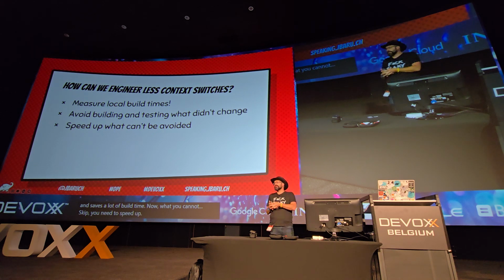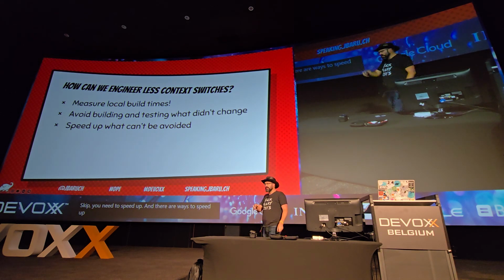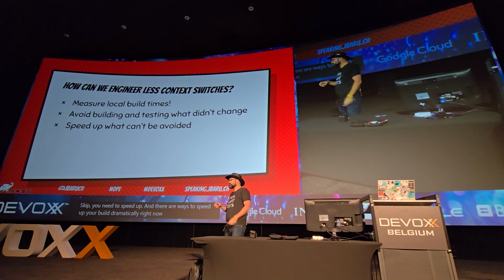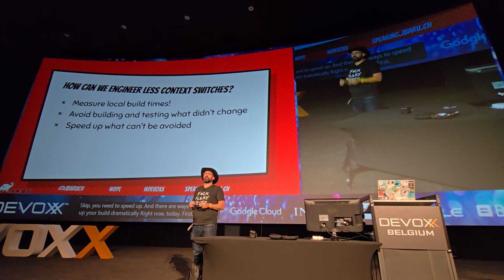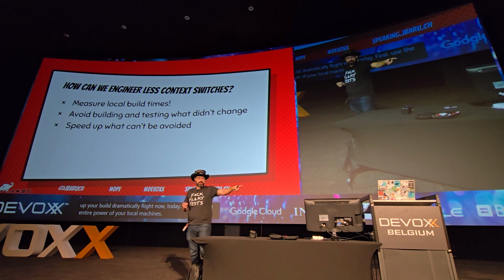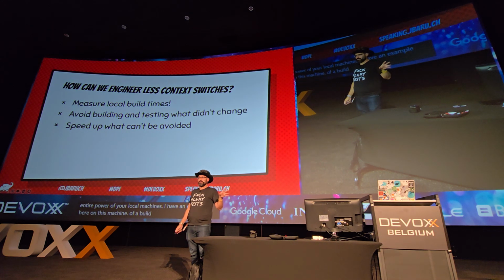There are ways to speed up your build dramatically right now, today. First, use the entire power of your local machines. I have an example here on this machine of a build that runs for 2 minutes.